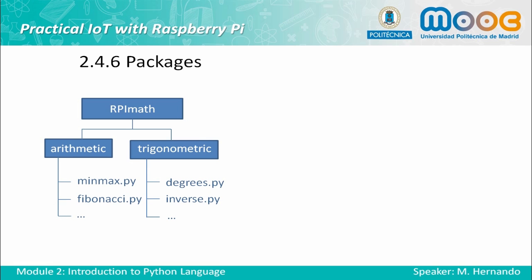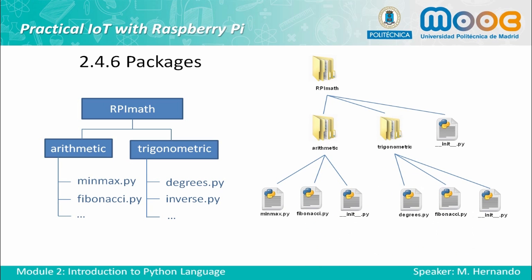We decide to classify our operations into arithmetic and trigonometric subsets. Well, Python uses the directory structure for it, so the package could be implemented as shown in the figure. Our minmax module has been included into the rpimath package and the arithmetic subpackage.